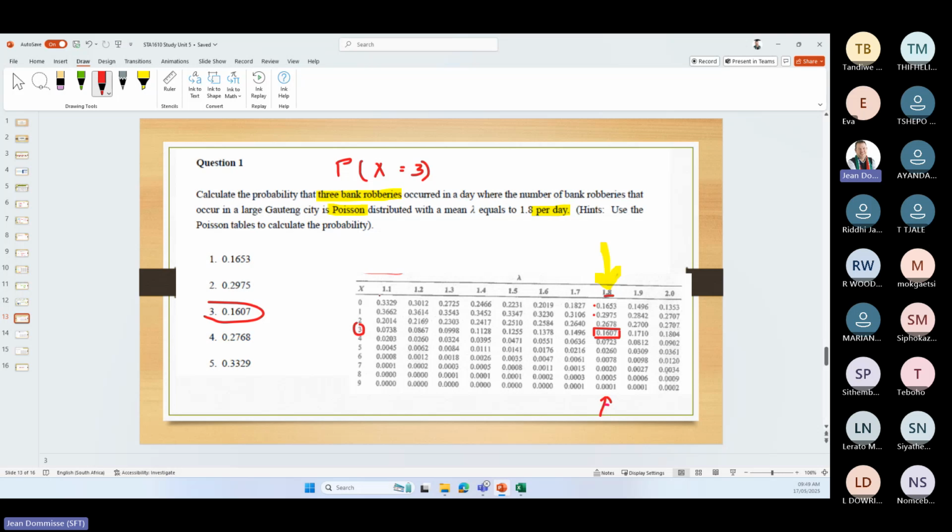So all the probabilities in this table, if you add all of these together, will be equal to 1. Rather pick a smaller table, where x might be 3 or 4, and you will see that if you add those together, it is equal to 1 again.